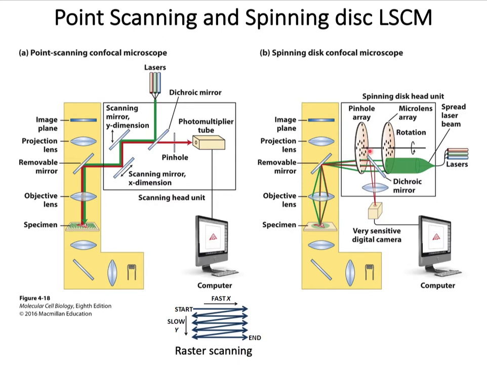The excitation light, or the laser, then passes through the objective lens and provides the illumination of a number of spots in the specimen at the same time. This is the difference from the point scanning method, where only one point is illuminated at one time.